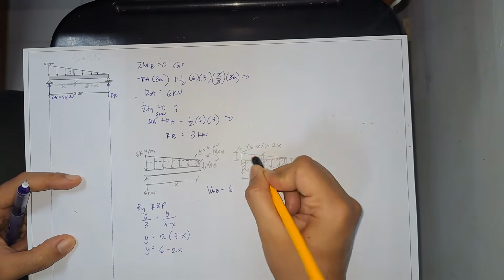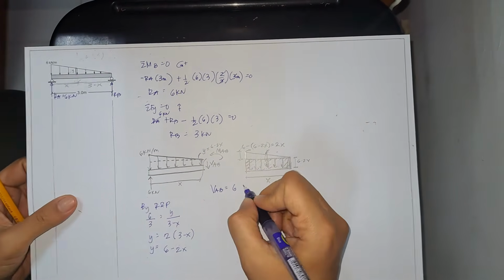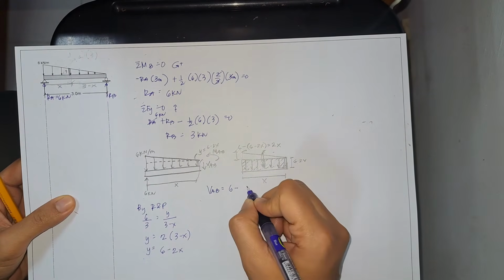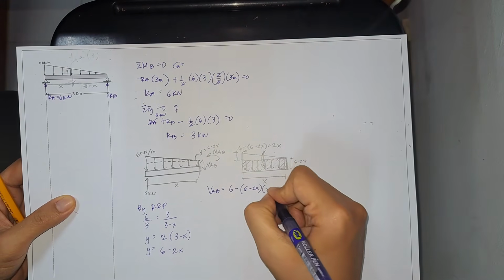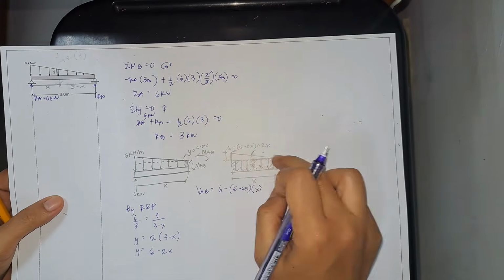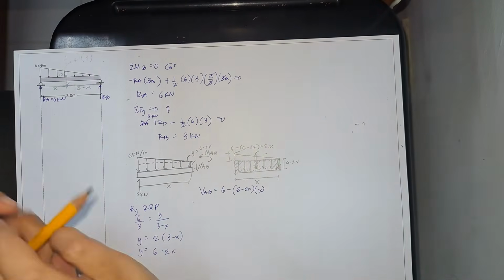So we have here yung area, 6 minus 2x by x. Okay? Tapos isunod naman natin yung triangular loading dito sa taas.